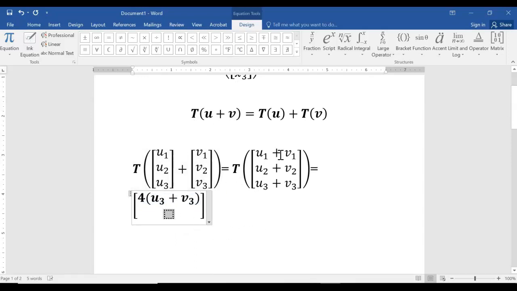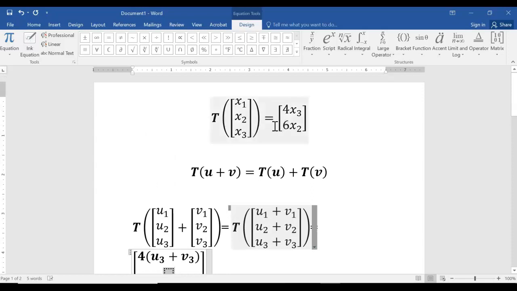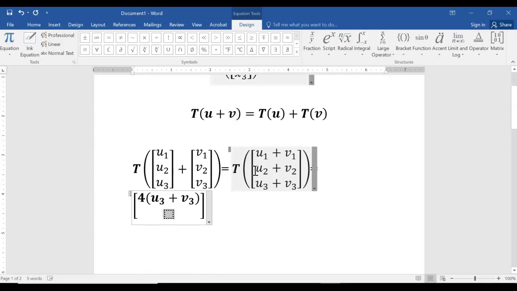And then the second entry of my output vector will be 6 times the second entry. In this case, 6 times the second entry is 6 times u2 plus v2.